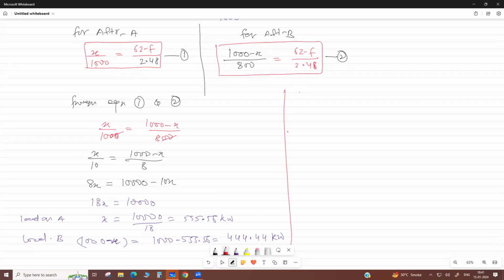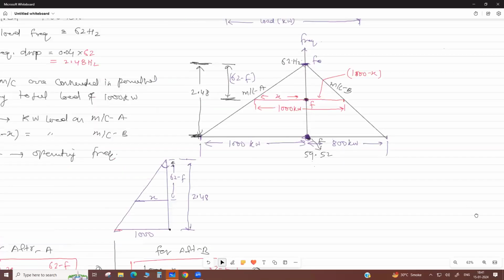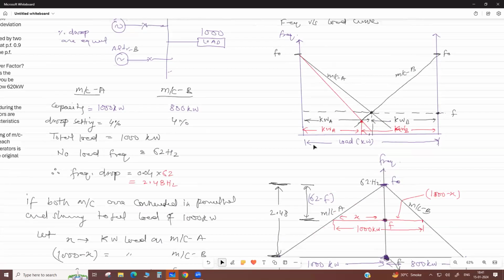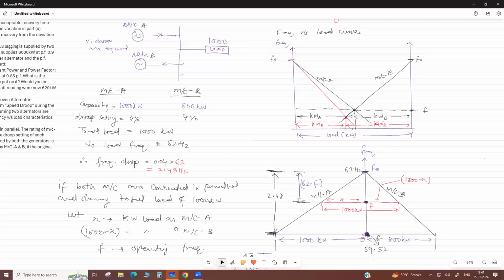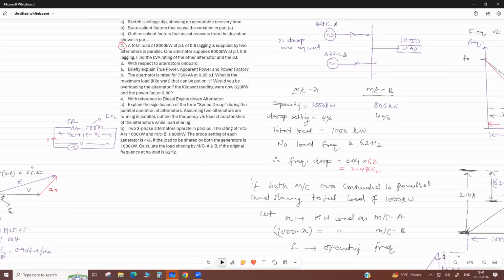Okay, that f is your actual operating frequency at this load. Okay, clear? Earlier in ETO this question was asked, in the question answer set.